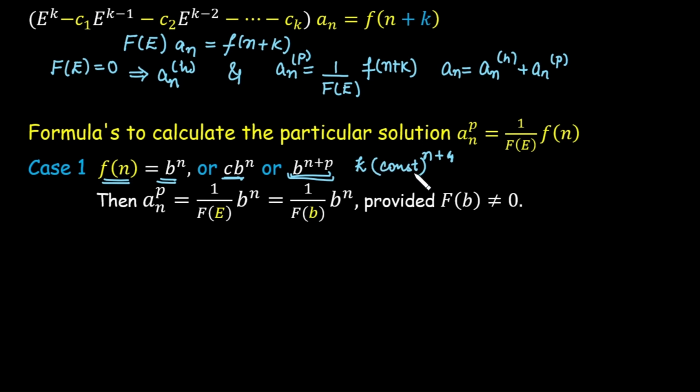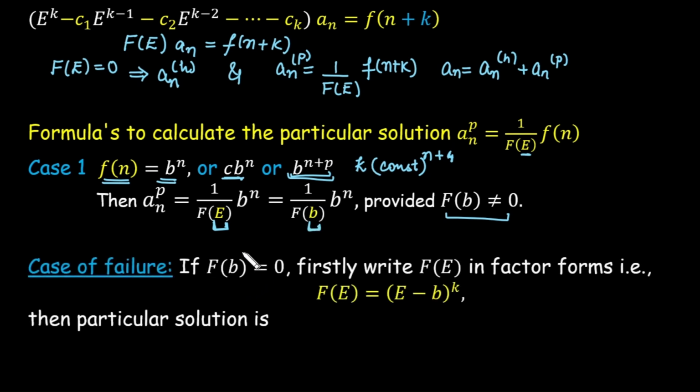In such a case, how do we evaluate the particular solution? Simply, in place of E, we substitute b, and make sure F of b is not equal to 0. So we call it case 1 when we have a constant raised to power n. In that case, the operator is replaced by the constant term.